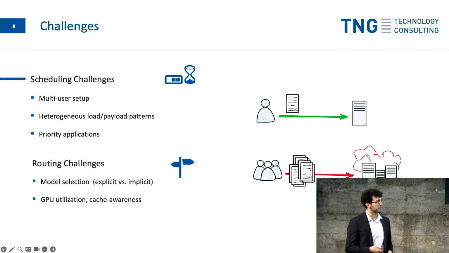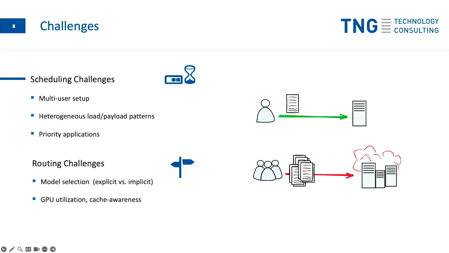Let's focus on the router. So as already said, if you're a single user with a single type of request on a single server, then everything is fine. But as soon as you go from one user to multiple users, you have to think about, can they block each other? Would one user be able to slow other users down because long requests will be completed by the same batch that also serves other users' requests?